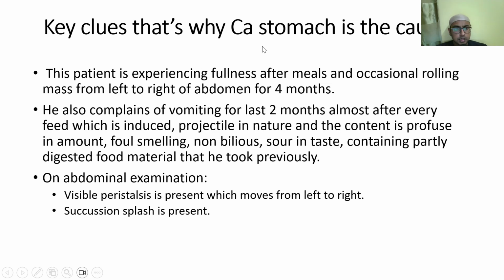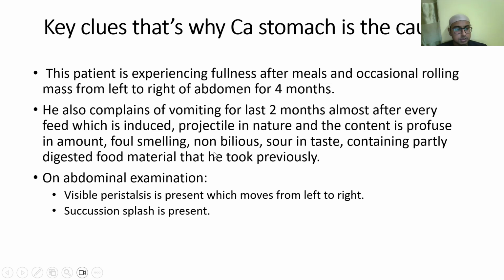Here are the key clues why carcinoma stomach is the cause. This patient is experiencing fullness after meals and an occasional rolling mass from left to right of the abdomen for 4 months, and he also complains of vomiting for the last 2 months almost after every feed, which is projectile in nature.